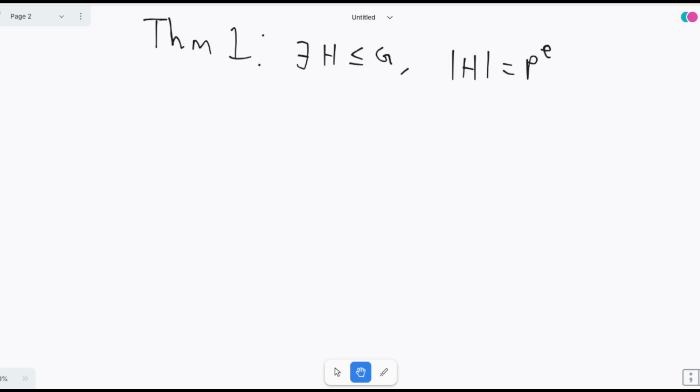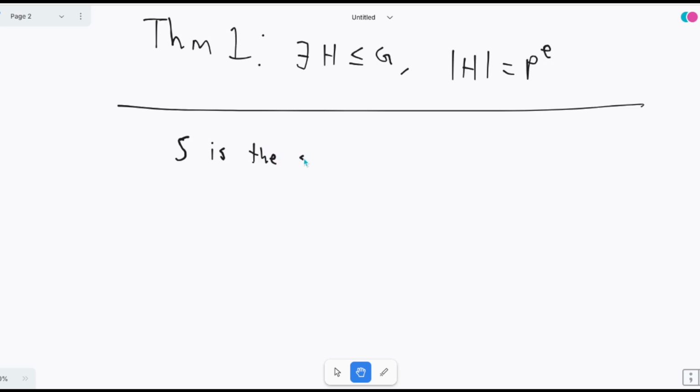So, how do we prove this? Let S be the set of all subsets of G with cardinality p to the e.